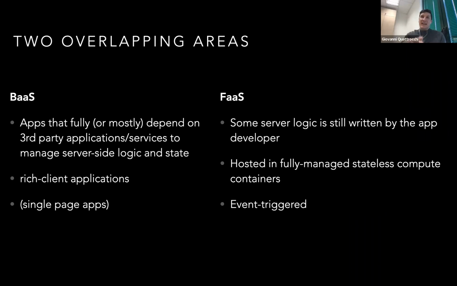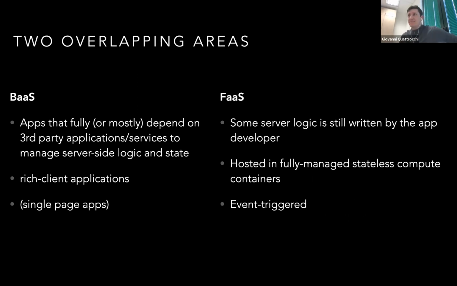So in backend as a service apps, the application fully depends on third-party services to manage server-side logic and state. Another example is authentication. You don't want to implement your own authentication mechanism with your own virtual machines or containers. You want to use it as a service.